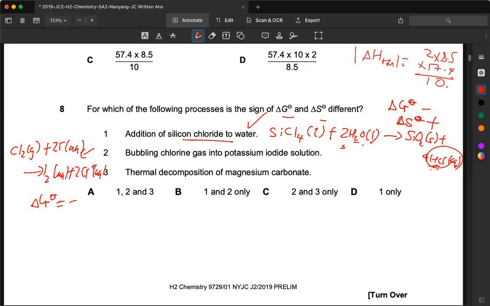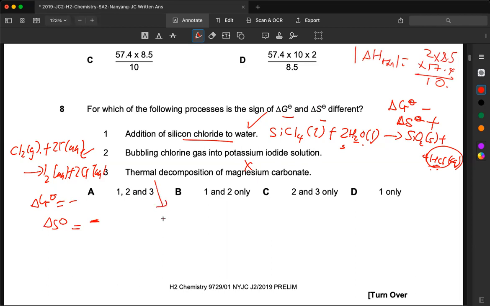But for delta S, it also goes from gas to aqueous. Gas becoming aqueous is more orderly, so it is negative, same sign, so cannot. It doesn't become more disordered, it becomes more ordered.